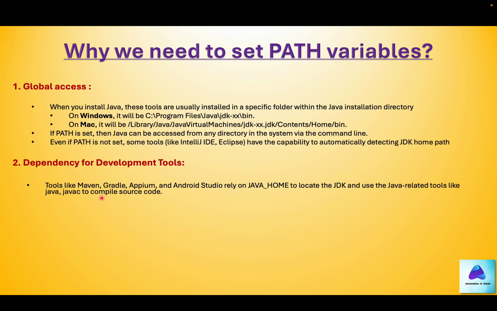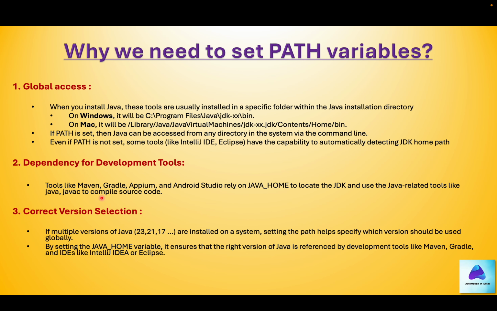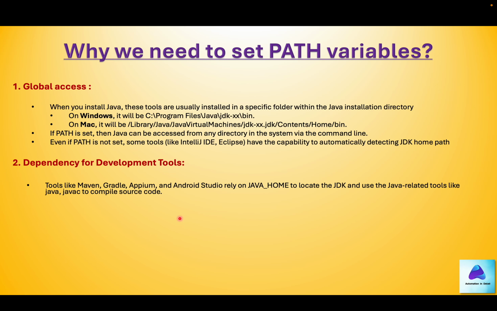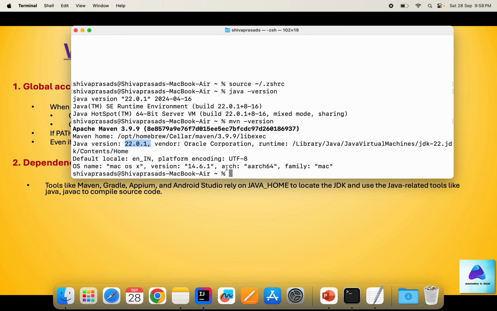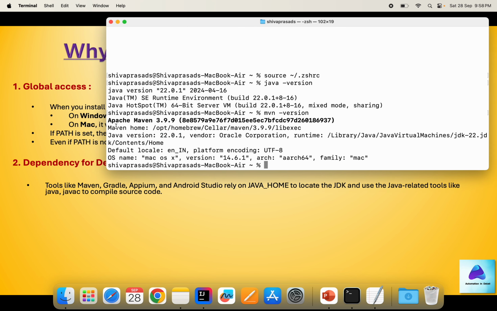Okay. Now coming to the last point, the correct version selection. Okay, I think before that, let me just show you the terminal and explain here as well. I was saying, if you observe here, Maven is internally built on Java, because it's a build automation tool. So Maven requires these Java tools to compile code.